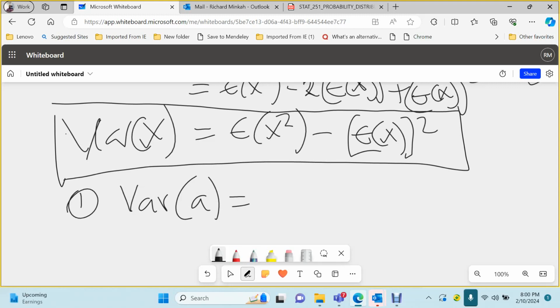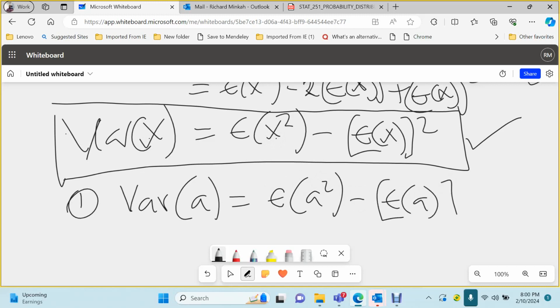By definition, variance is equal to this, right? So if I have the variance of a, wherever I see X, I'll put a over there. So I'll have the expected value of a squared minus the expected value of a all squared. Do you agree?